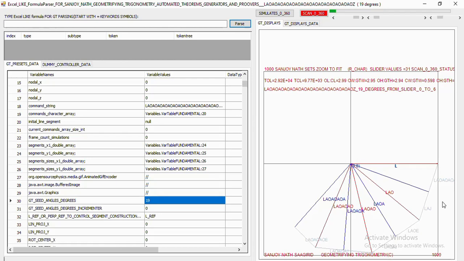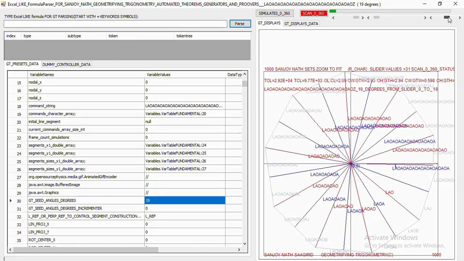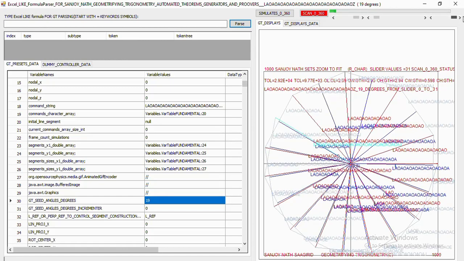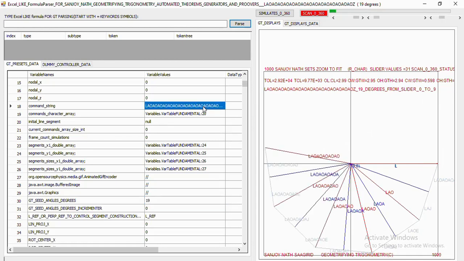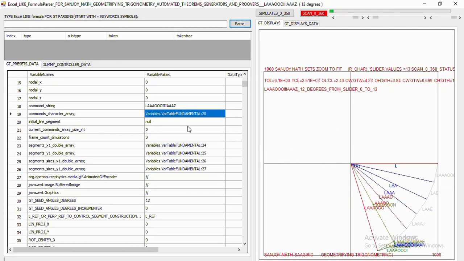In this way, one additional triangle will add, and in that way it forms this whole Gtsimplex, and ultimately there is a final output line segment. If we take a string like L A A A O O O I I I A A A Z Z Z, in this way, then we can see the behavior is changing.